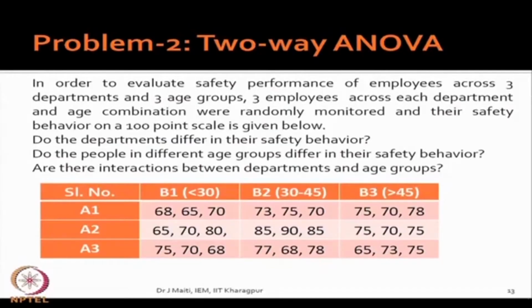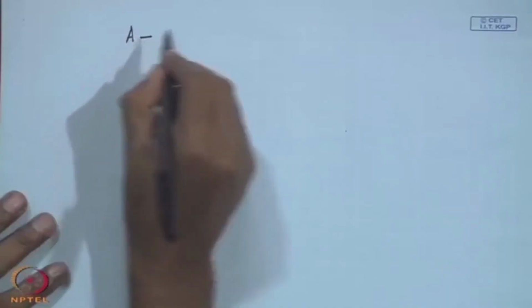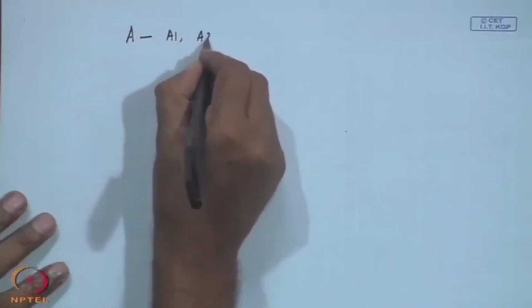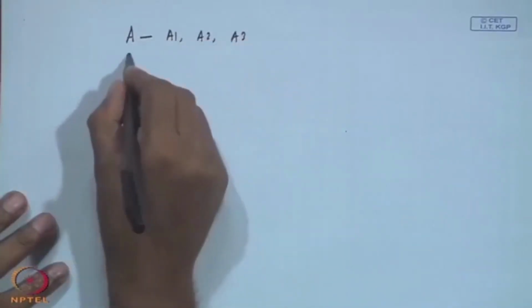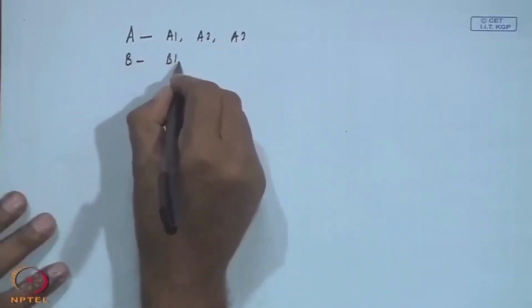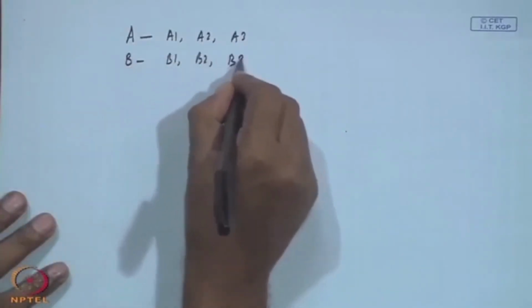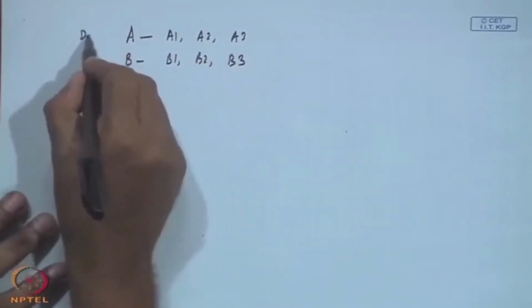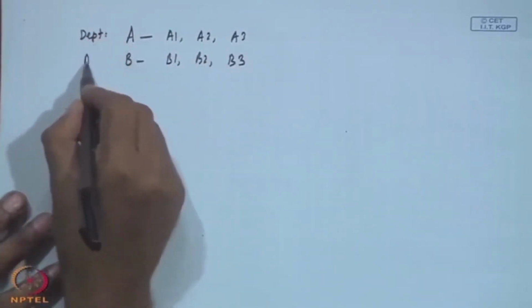As there are 2 factors now, we will not use the word population frequently, we will use the word factors. So, department is one factor, that is A, and age is another factor, that is B. Factor A has 3 levels, A1, A2 and A3, and factor B, the age factor, also has 3 levels in this example. So, A means department, B is the age.